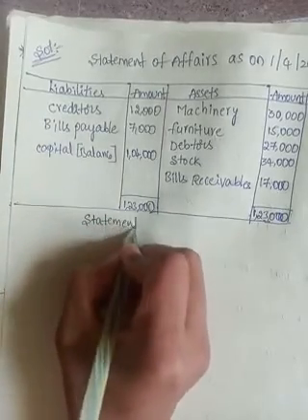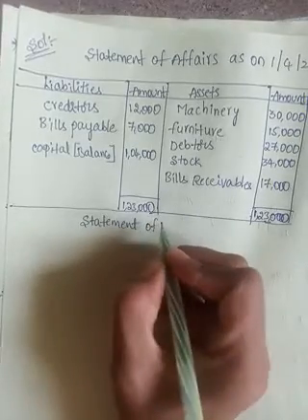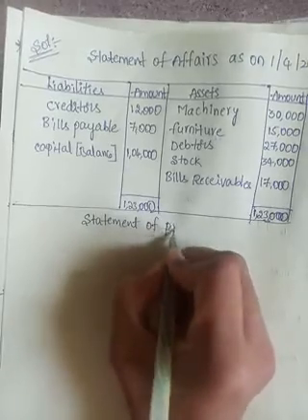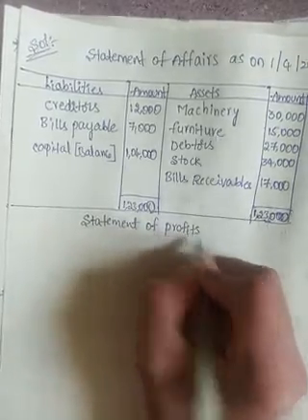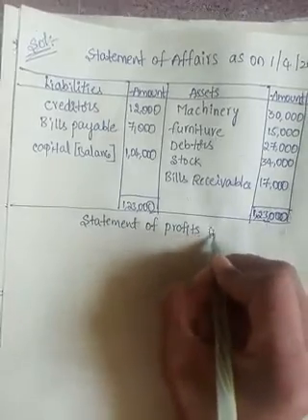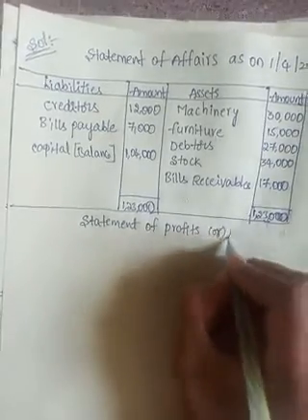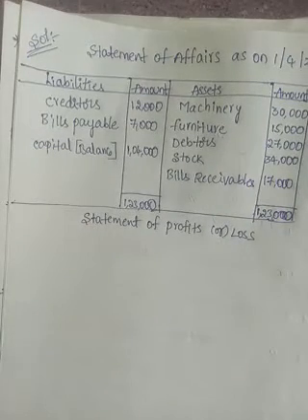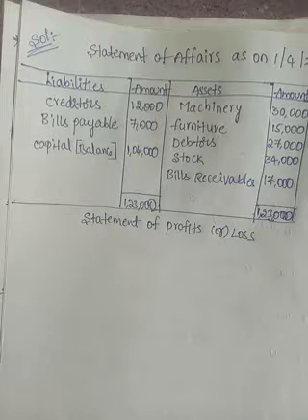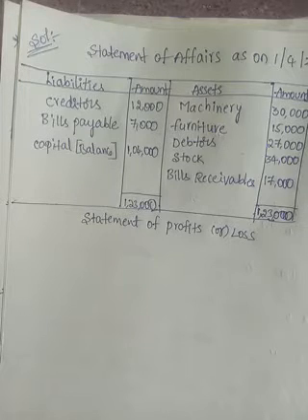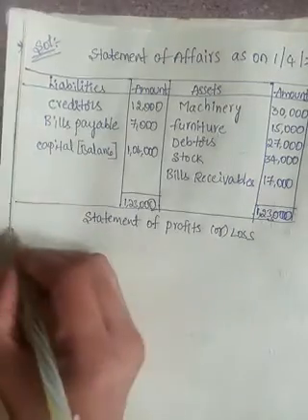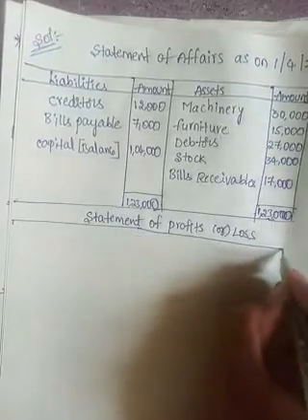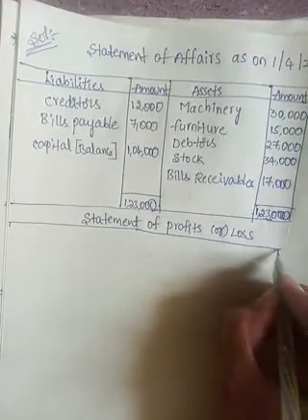Statement of profit or loss. The pro forma is particulars, amount.